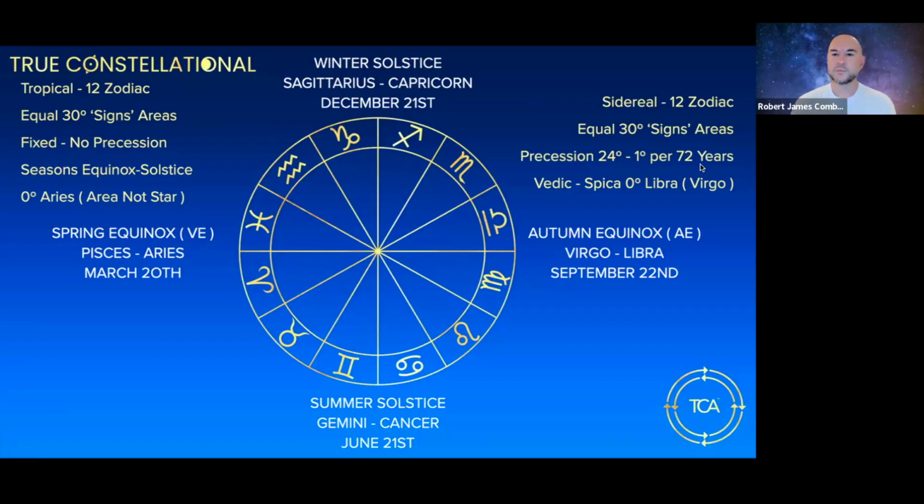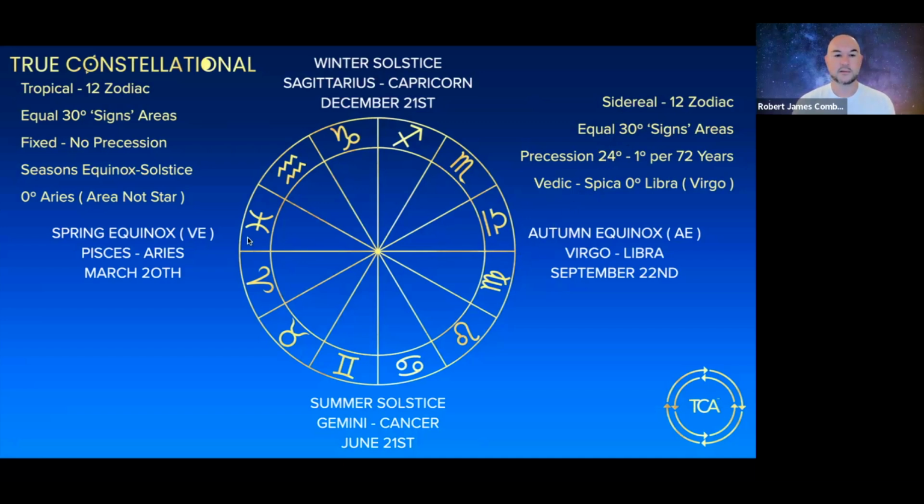So this is great. Sidereal does move with precession of the equinox. However, it's not about the stars, but it's still about the area. And something to note is that in Vedic astrology, which is sidereal, they actually speak about the alignment to the autumnal star.